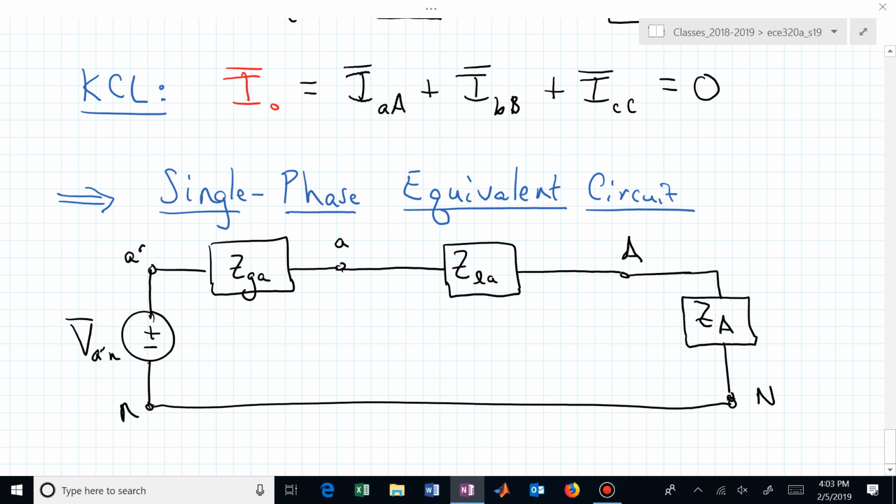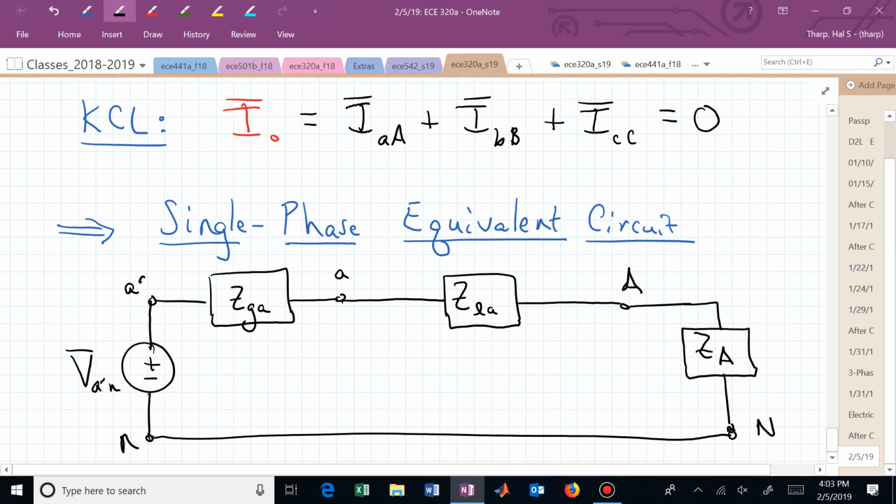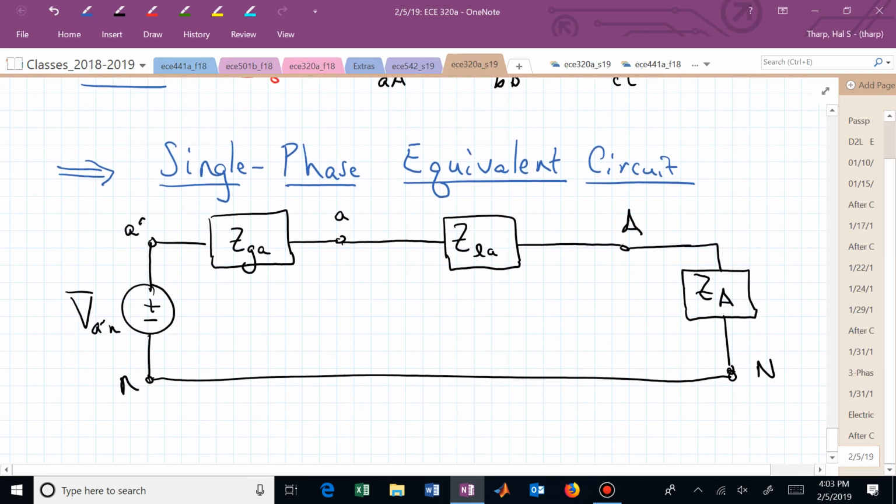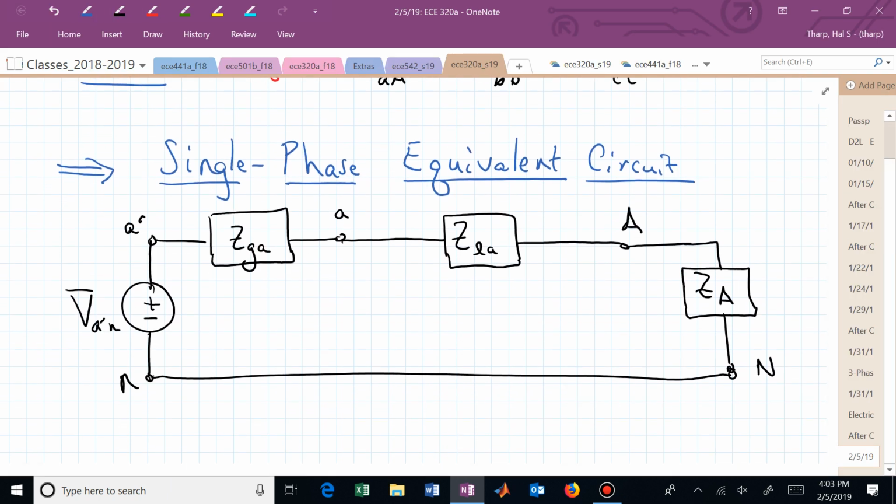And that's now our single-phase equivalent from a balanced three-phase system, where we can now say, here is our line current or our phase current in the A phase, I sub AA.